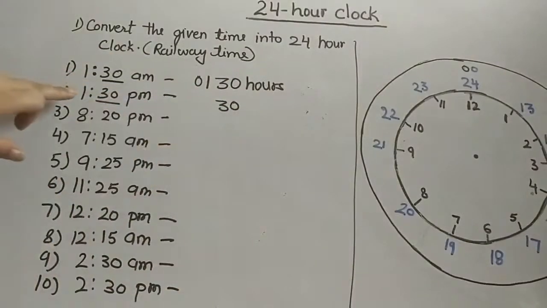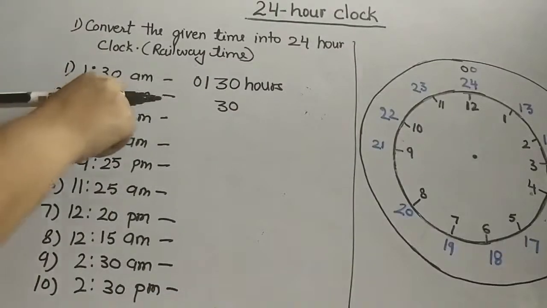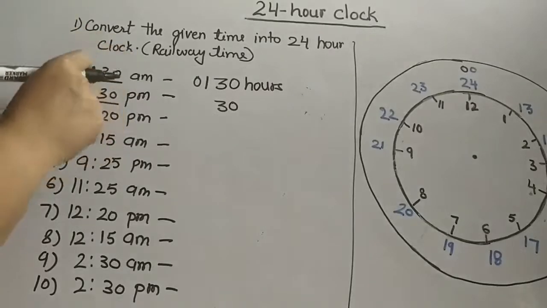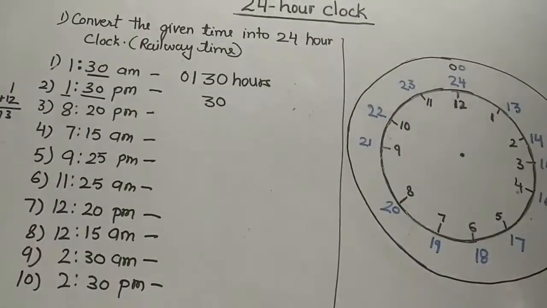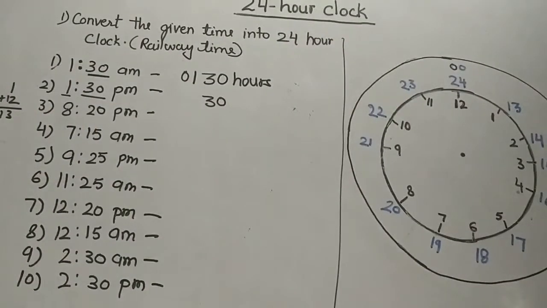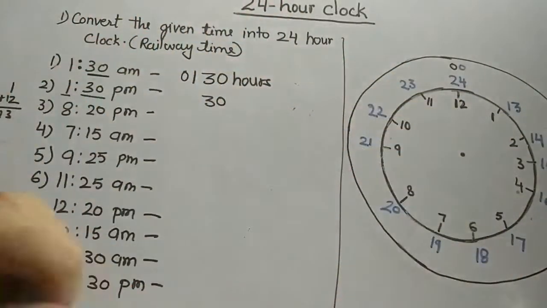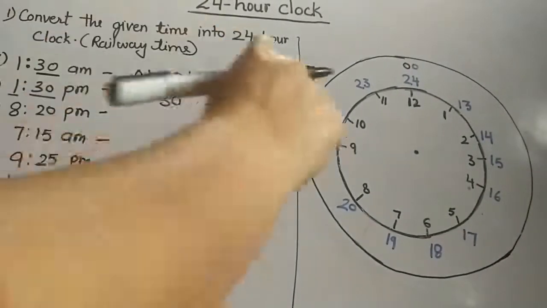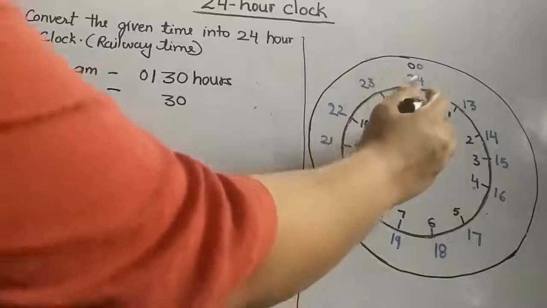Now, the time is given with PM. So, when the time is given with PM, we add 12 to the given hours. 1 plus 12 is 13. Or we can make this 24-hour clock in our rough column and we can see the value of PM. The outer clock is telling the time in PM. 1 PM means 13.